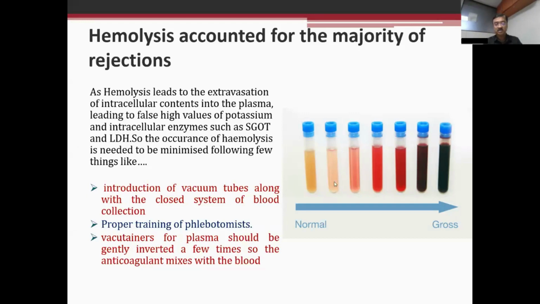In these conditions, you will find hemolysis can raise these parameters very high, 3 or 4 or 5 times higher than normal, just because the RBCs have broken down and the intracellular enzymes have come out in the serum, leading to very high levels of those in serum. These can be avoided by using a proper blood collection process and proper training of the phlebotomist.